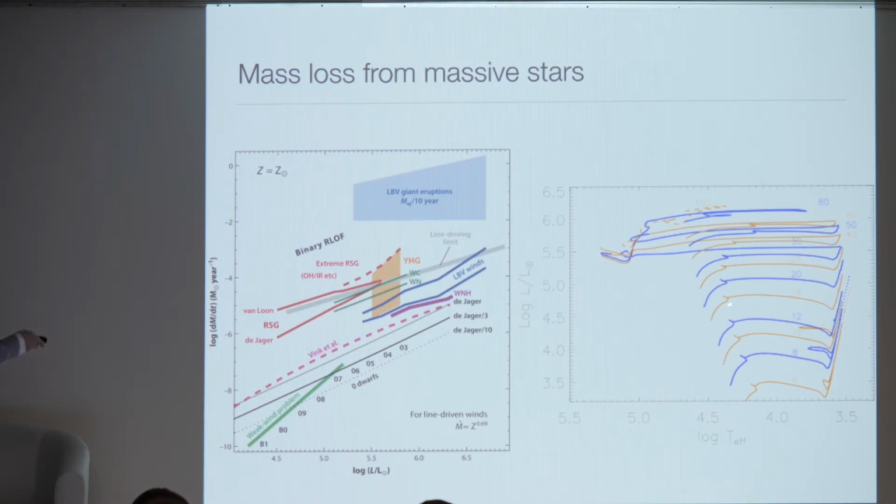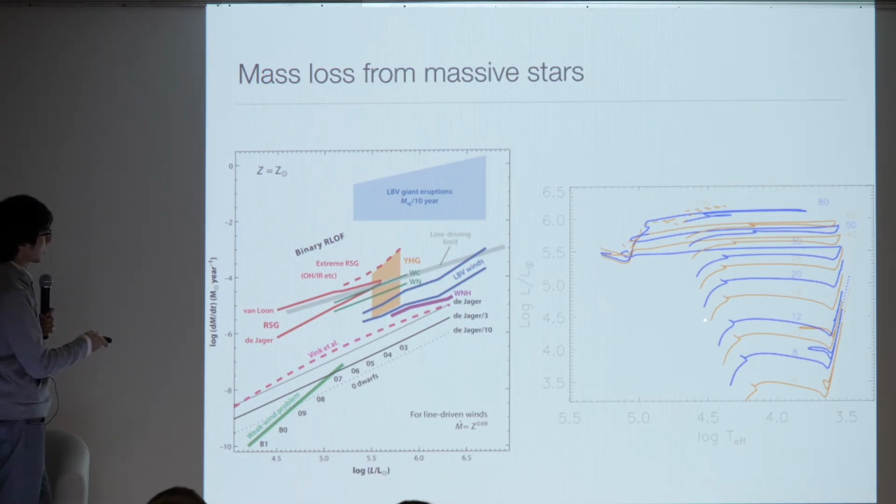So basically, when the star gets cooler, the mass loss rate can increase, and that can lead to a lot of mass loss. We already see that in this stellar evolution. Up to 25 solar masses, the star starts here and then evolves, and dies at the other end.